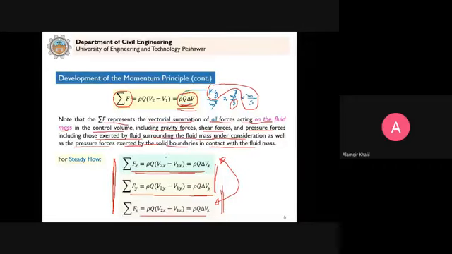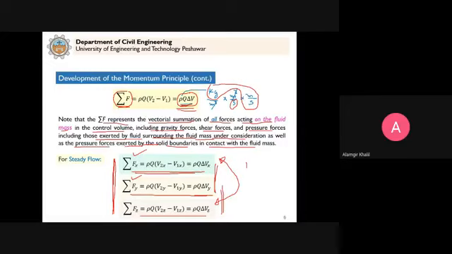These will be the components of the total force. For example, if we have a two-dimensional flow field in xy, you will calculate the x component of the total force using this expression, the y component using this expression, and then we can calculate the total force by application of the Pythagoras theorem.